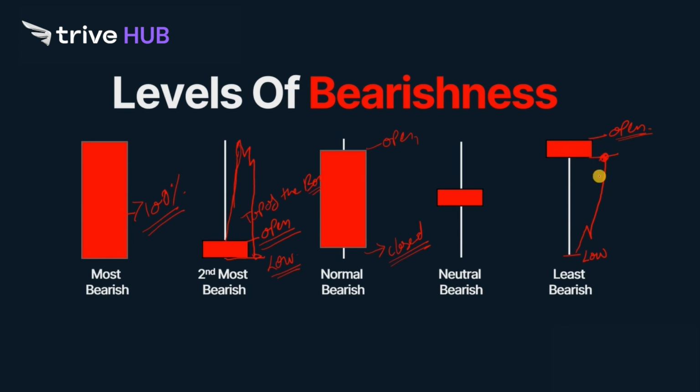So that is why a good amount of buyers are coming in as of now. Earlier there were sellers, but now buyers are coming in. So this candle shows weakness in the downtrend.